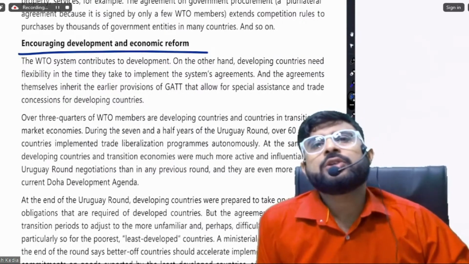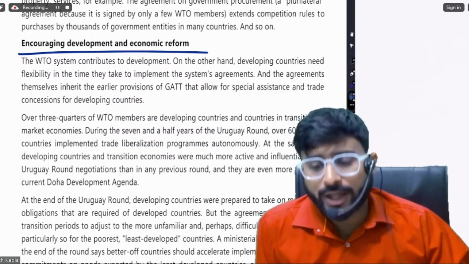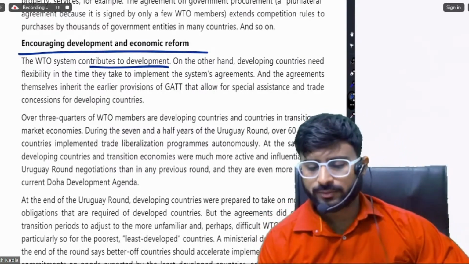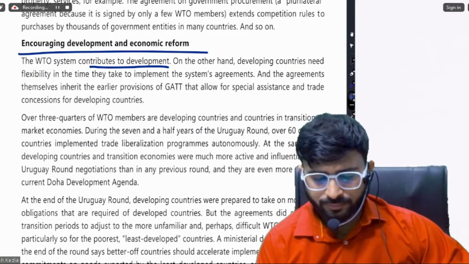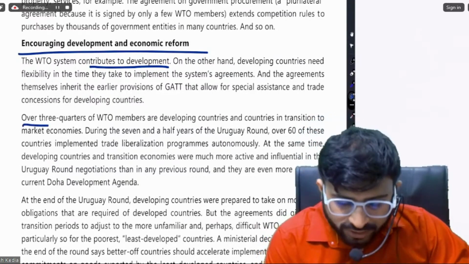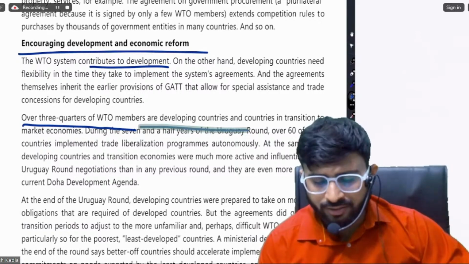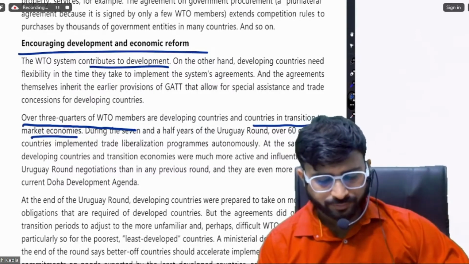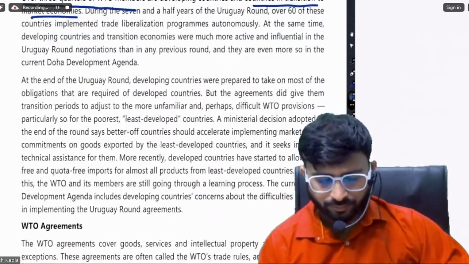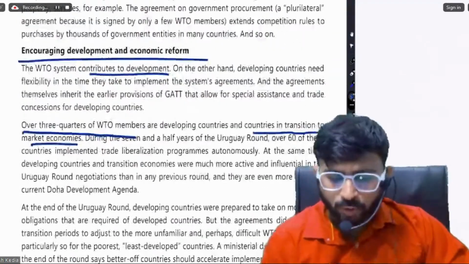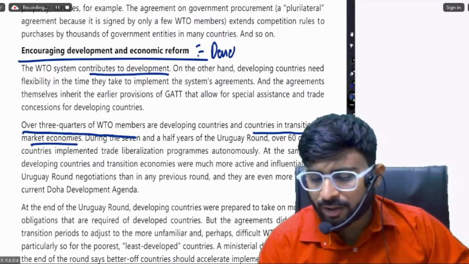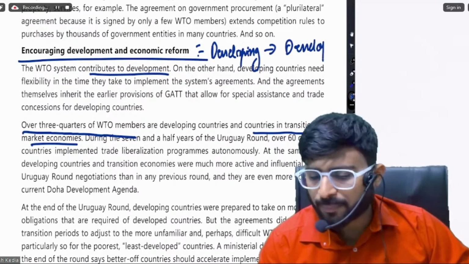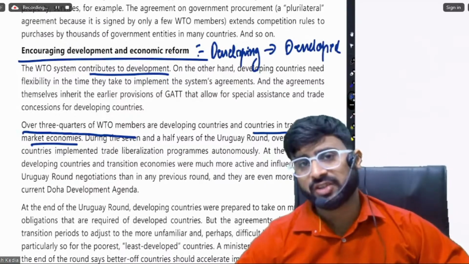So basically, the countries who are developing, WTO should help them to become developed nations, contributing to development. Over three-quarters of WTO members are developing countries and countries in transition to market economies. So the goal should be that the developing countries gradually convert into developed economies and market economies if they are not.